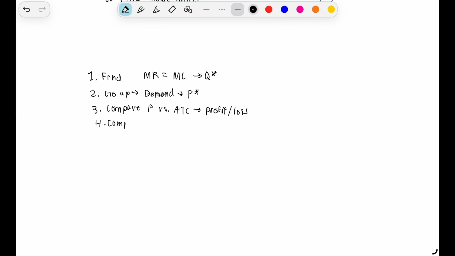And you can also compare your P versus MC. That will tell you what your efficiency is. And 5, you have to identify your deadweight loss.